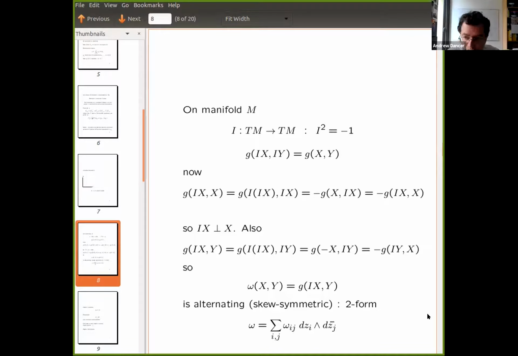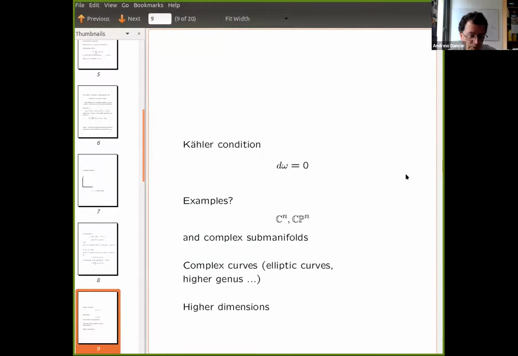So that's Hermitian geometry. In practice, it's nice to consider a slightly more restricted, particularly well-behaved class of Hermitian manifolds, the so-called Kahler ones, where the form omega is closed. That makes the G and the I, the metric and the complex structure, tie together in a particularly nice way.